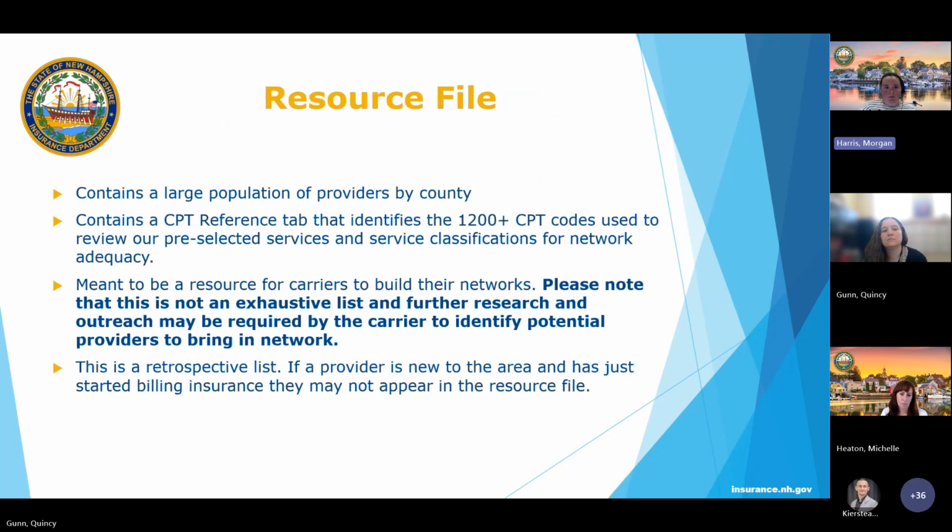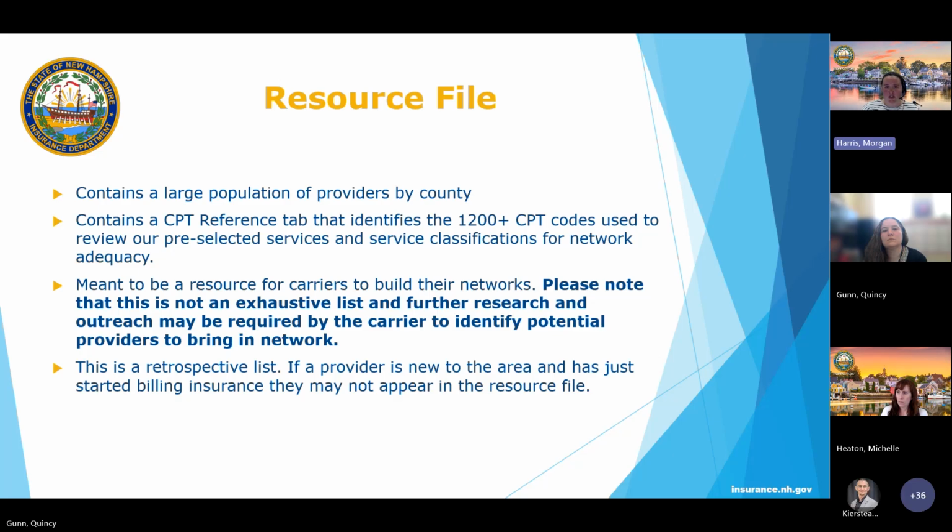Next slide, please, Quincy. I talked briefly about the NHID resource file. This is a great Excel file for you all to download off of our website. We update it semi-annually, and it reflects, using the prior year's claims data, who was billing for the about 1,200 CPT codes that we use in our tool.